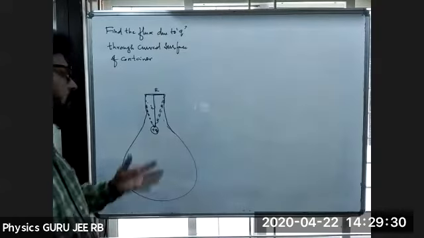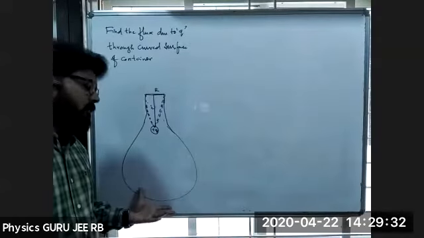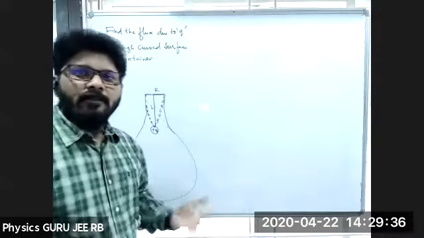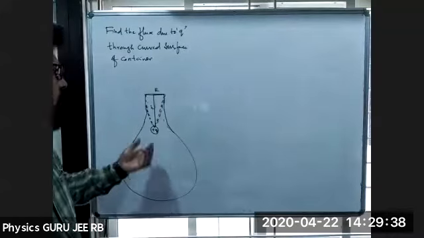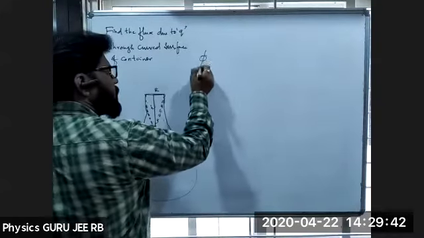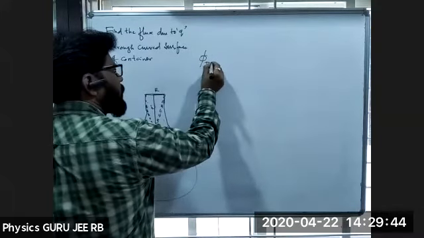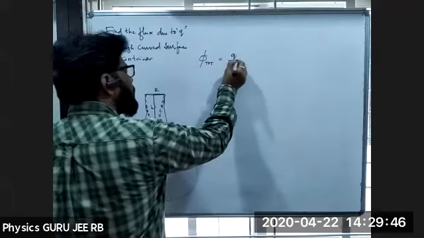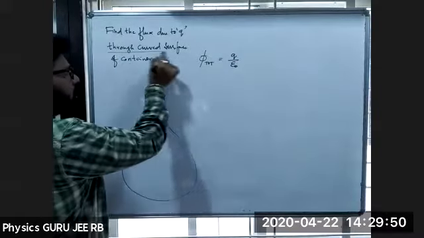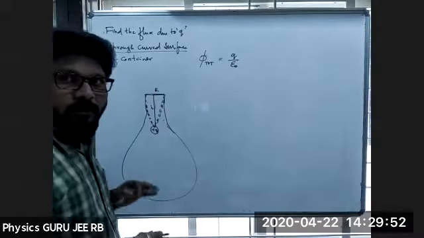See, the total flux through this container is something one should know, right? So what is the total flux through the container? We know that the total flux through the container is Q by epsilon naught. But he is asking only through the curved surface of the container. Only this part is the curved surface.